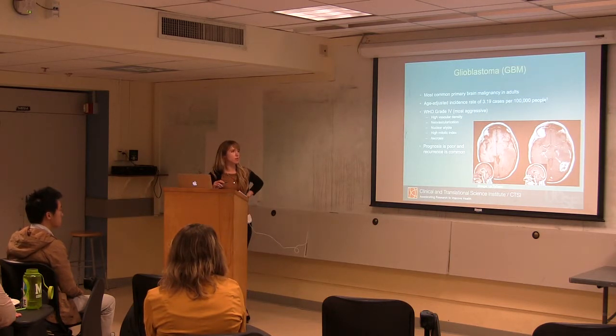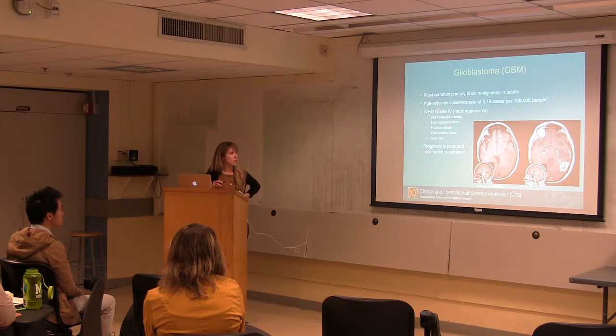The grades are dependent on certain histological factors from biopsies, as well as clinically how aggressive and invasive the tumors are. Glioblastoma is grade 4, it's highly vascular, has a lot of neovascularization, nuclear atypia, high mitotic index.